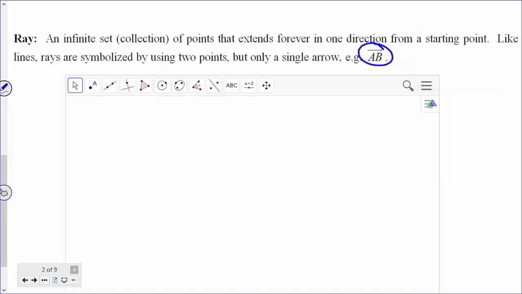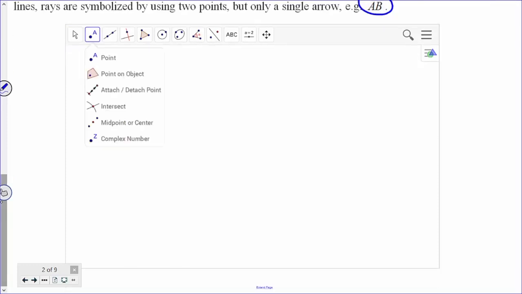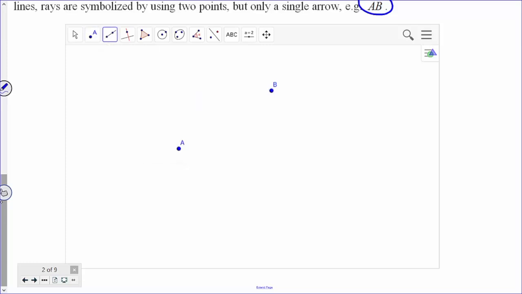Let's take a look at a ray down here. Again, in order to draw a ray, what I need are 2 points. I need a starting point, like point A, and then I need some point that shows the direction of the ray. So we'll take point B. But now if I ask my program to draw a ray, and I start at A and go on to B, then what we notice is that the collection of points is only going in one direction.